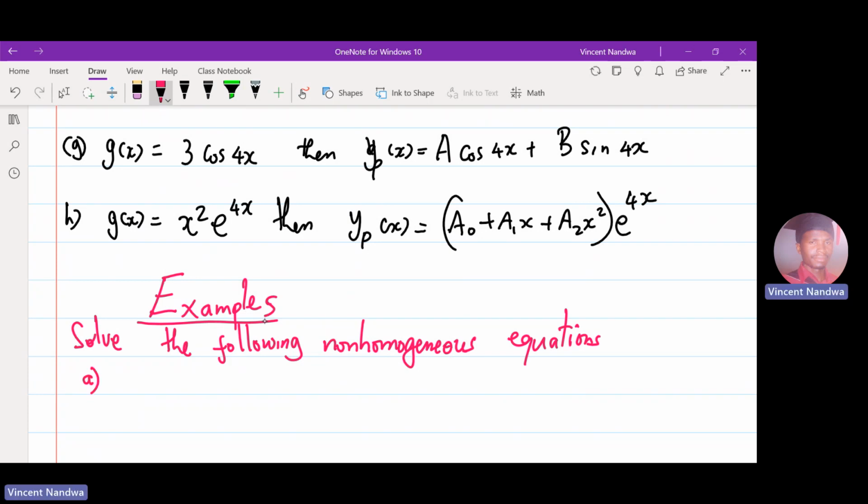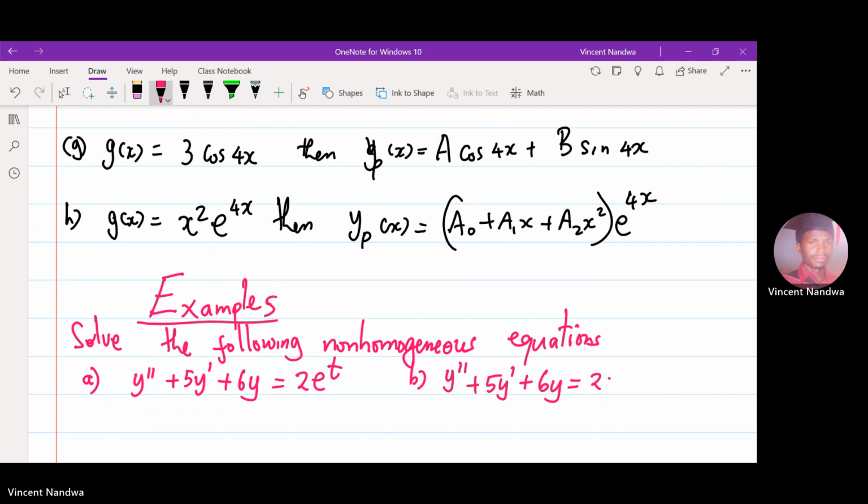The first equation is a, y double prime plus 5y prime plus 6y equals 2e power t. B, y double prime plus 5y prime plus 6y equals 2t squared.